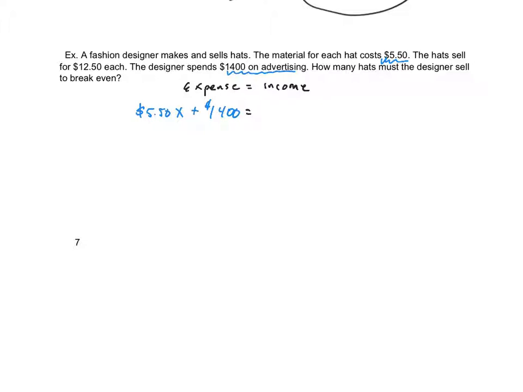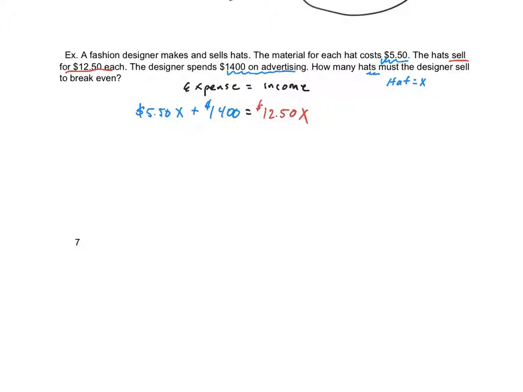That's what we're looking for. So let's call our hats x. So that's our expenses. And then our income is going to be, well, it says right there that the hats sell for $12.50 each. So I should be getting $12.50 times each hat I sell.